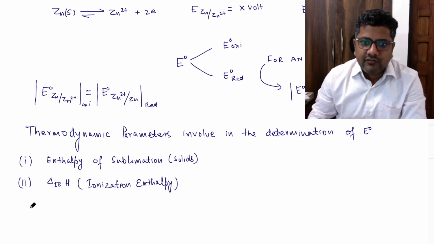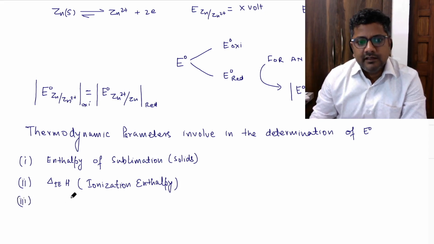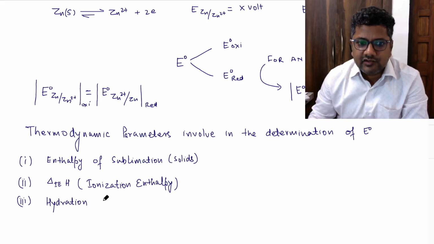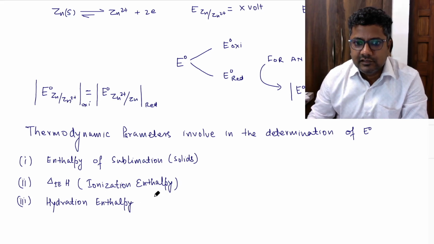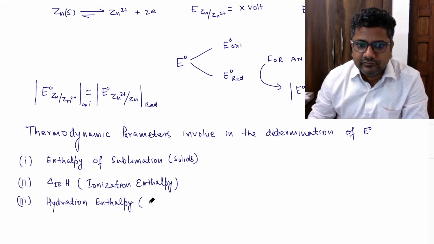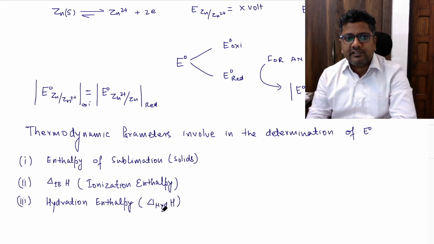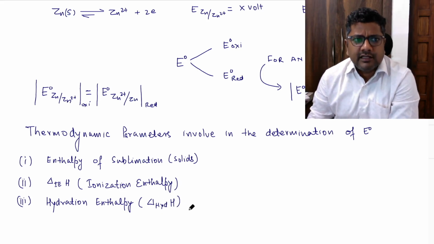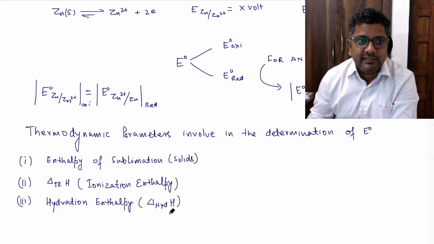After that, the third thermodynamic parameter involved is the hydration enthalpy, hydration of ion. Hydration enthalpy, right? Delta H hydration. See, the IUPAC rule is that you write the process with the delta H. Many times you will find delta H, and after that people write the process, but the IUPAC convention is this.